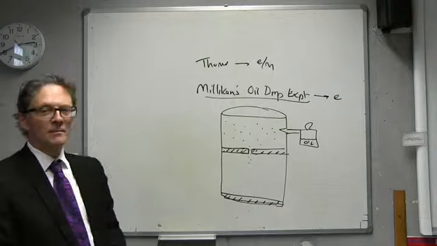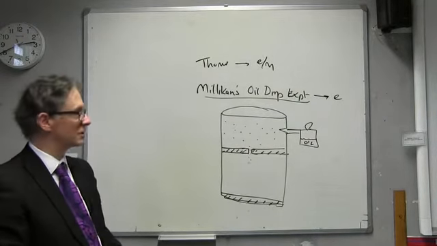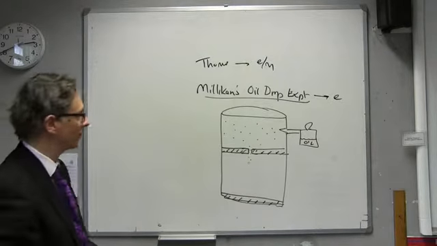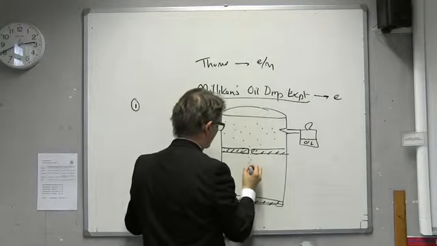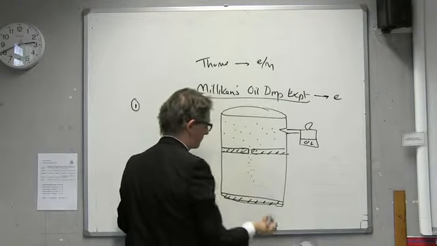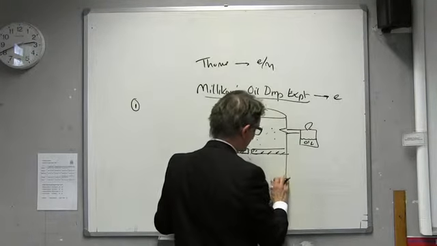Now, the key thing to understand about Millikan's experiment is it's done in two stages, all right? In two quite different stages, and you'll see why that is in just a moment, all right? So the first thing we're going to do is allow the drops to fall just under gravity, okay? Now, how are we going to take any measurements with them?